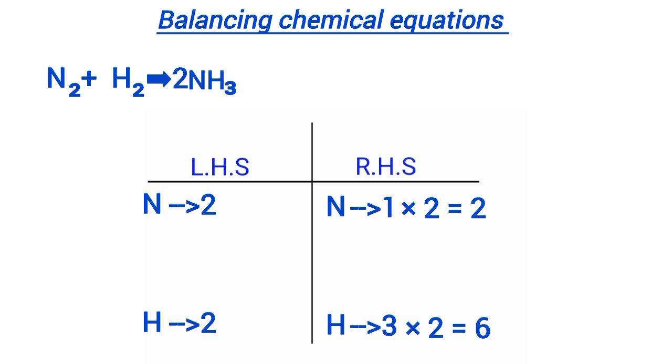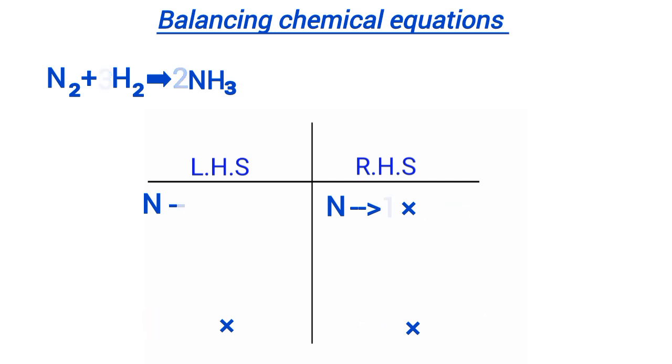So what we want to do is to make sure we also have 6 hydrogen on the left-hand side of the equation. What do we multiply by 2 to get 6? If we multiply 2 by 3, then we have 6. So we are going to place 3 here. So now we have 6 atoms of hydrogen on both sides of the equation, and this equation can be said to be balanced.